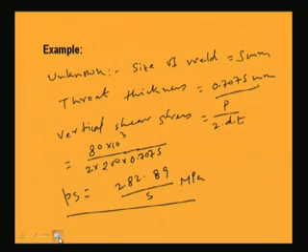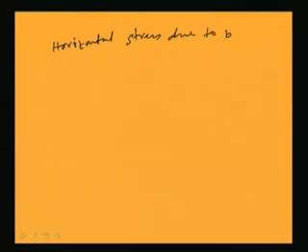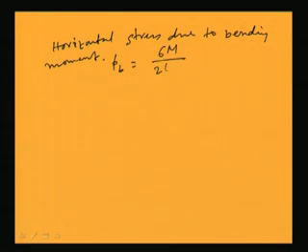What else will we do? We will find out next the horizontal stress due to the bending moment. That will be denoted as PB, that is coming 6 M by 2 T D square.